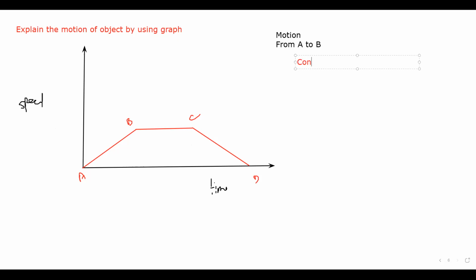It is having a constant acceleration, not constant speed. If you write constant speed, then it will be wrong, because the speed is changing. You can see the values of the speeds are continuously increasing. That's why if you write constant speed, that is not the right answer. Is it clear? The first part from A to B.